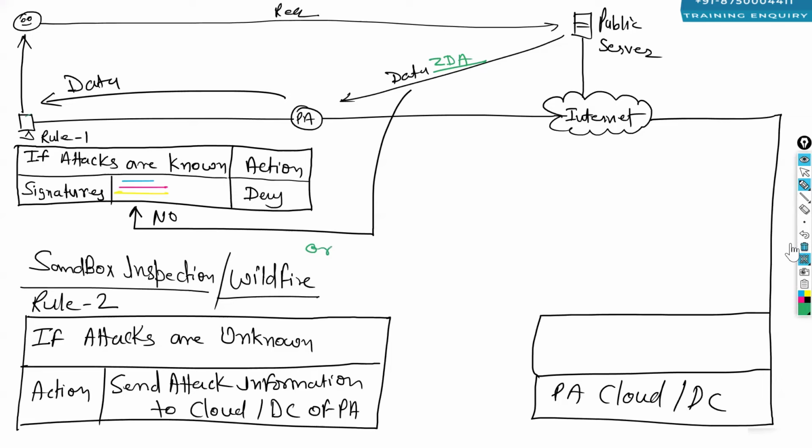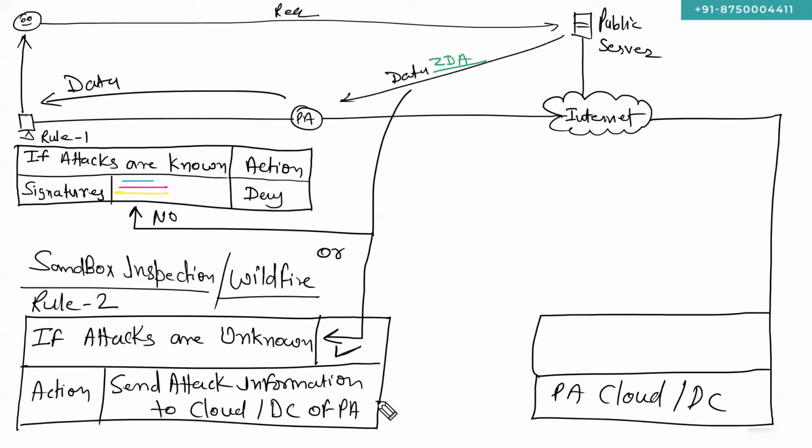If it is not matching, then the firewall will try to match it with unknown attacks. Yes, now the file is matching with an unknown attack. When the file is matching with an unknown attack, the firewall will send the information to the Palo Alto cloud or data center.